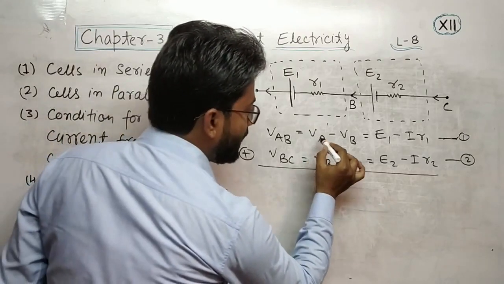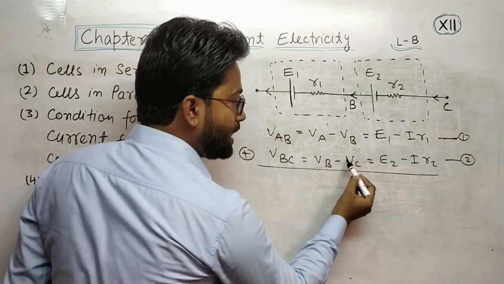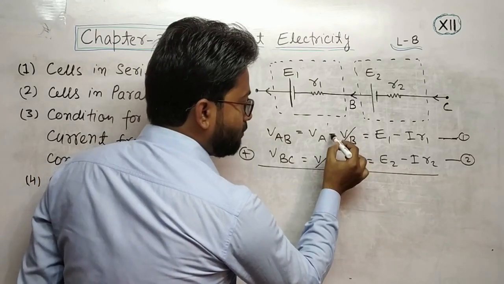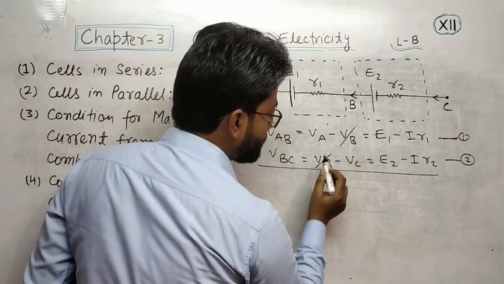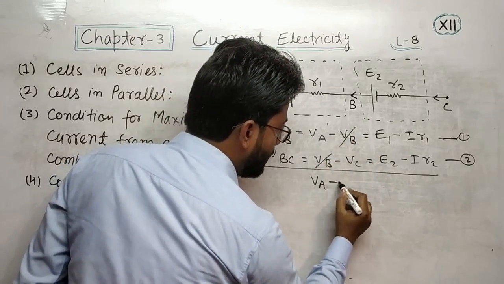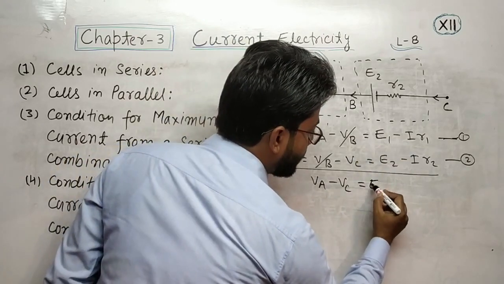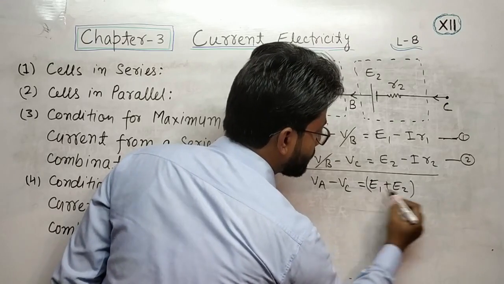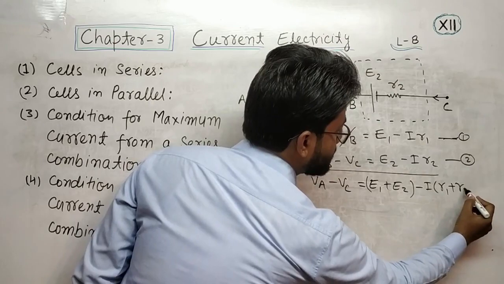We will get VA minus VB plus VB minus VC. VB and VB, one is plus and one is minus, so these two will be cancelled out. VA minus VC is equal to E1 plus E2 minus I times (R1 plus R2).